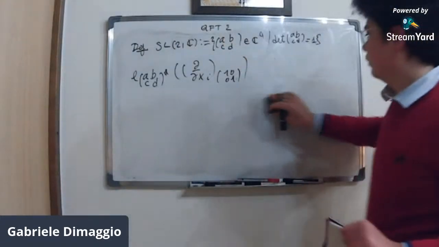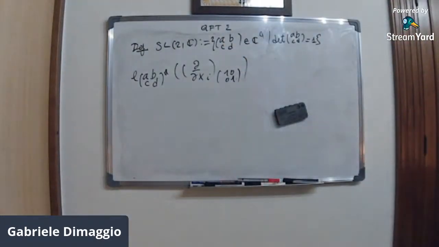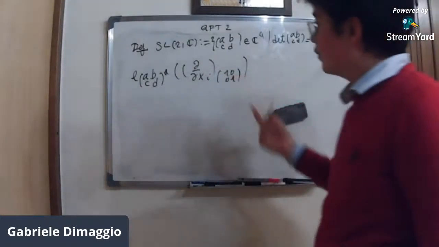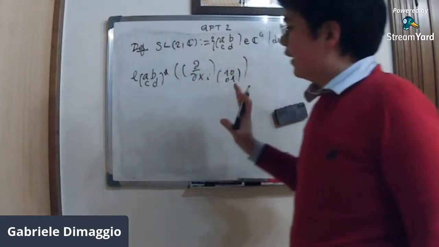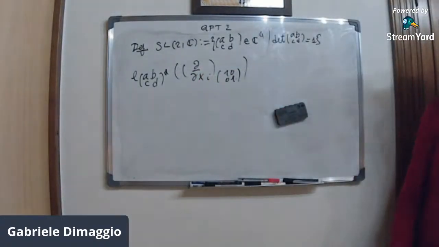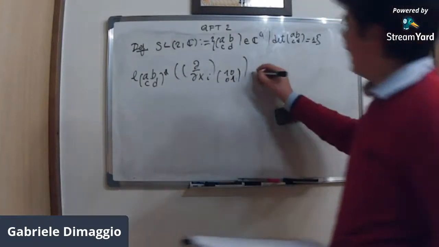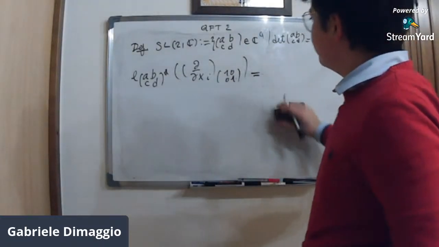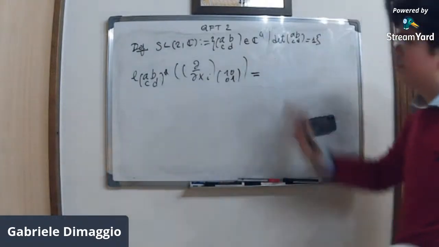So I can choose a particular basis for my tangent space of this kind. Of course, we can see this in a normal course of differential geometry. And now I can show this.